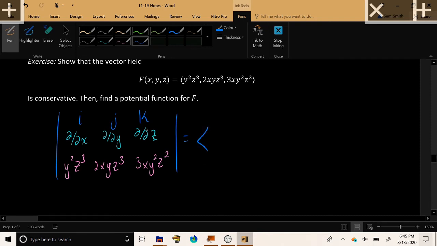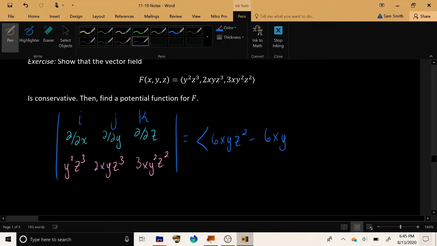Now looking at the x component, the partial derivative with respect to y of this third function here would be 6xyz squared. And if I subtract the partial derivative with respect to x of the y component, I'm subtracting 6xyz squared. Good. So far so good.